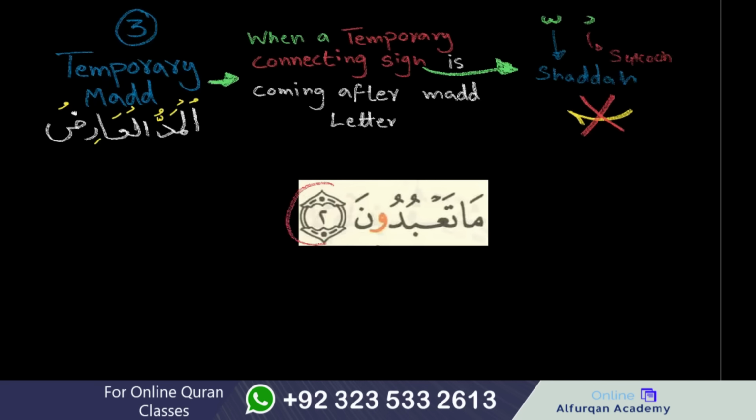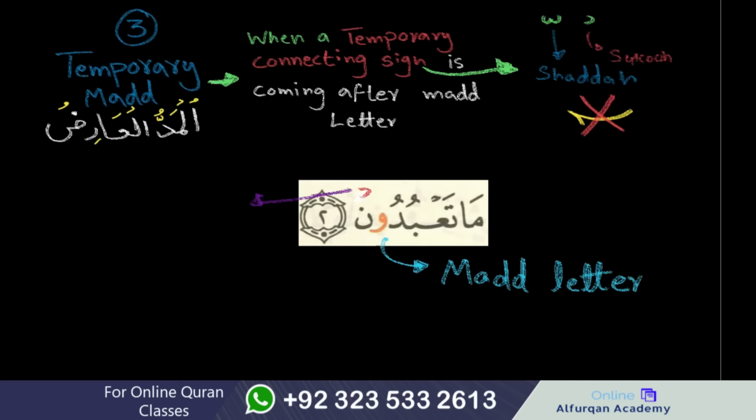In this example, also the ayah is completing, so we have to make a pause. So first of all, we have to check the last sign. And according to stopping rules, if the last sign is fatha, we are going to convert it into a connecting sign. And before that, letter waw is a mad letter because it's coming after dhamma.